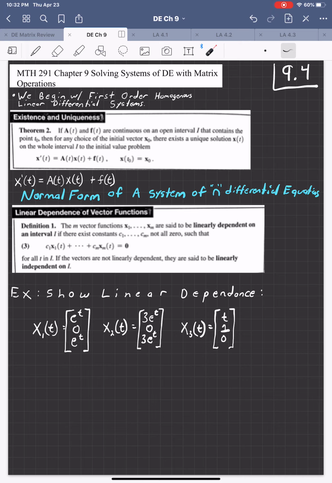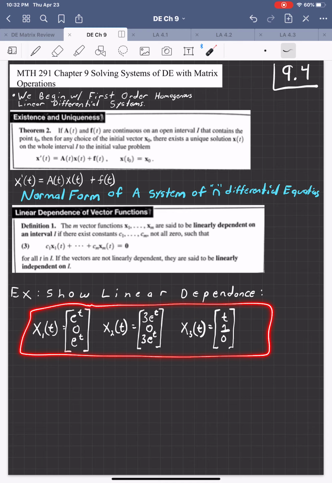You'll actually get to see the overlap between linear algebra and differential equations. Right now we're just going to practice a few different things. For the first example, we're going to show that the following vectors are linearly dependent, right?